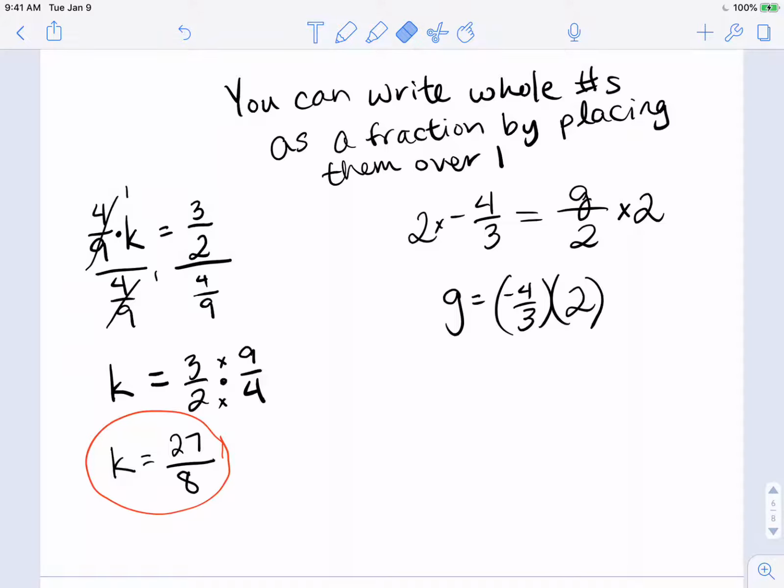What I mean by that is you can take 2, write it as 2/1, and that's the same thing. So, for using this example, 2 equals 2/1. Those are the same thing.